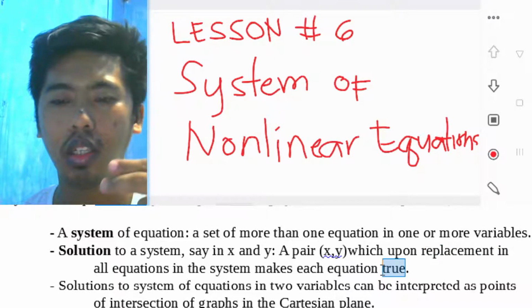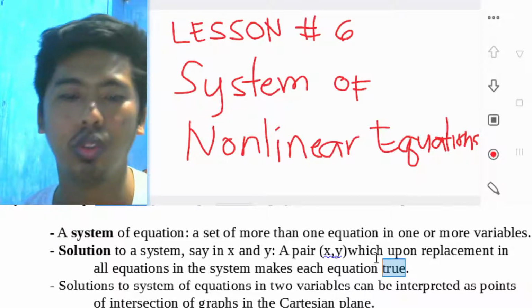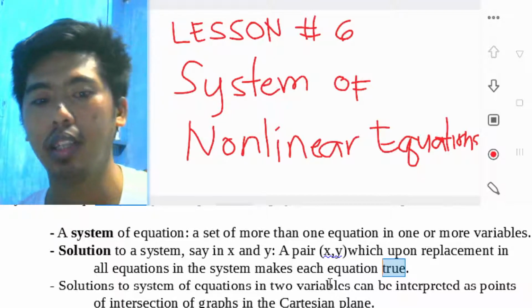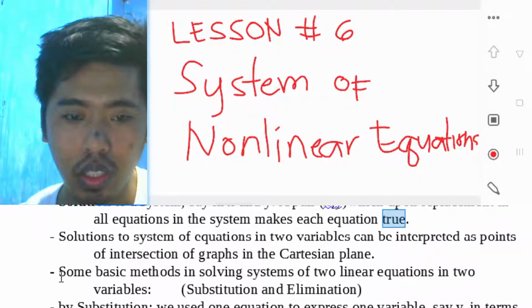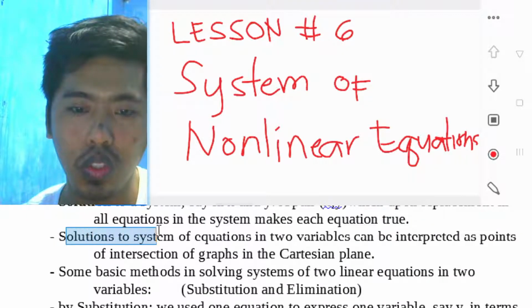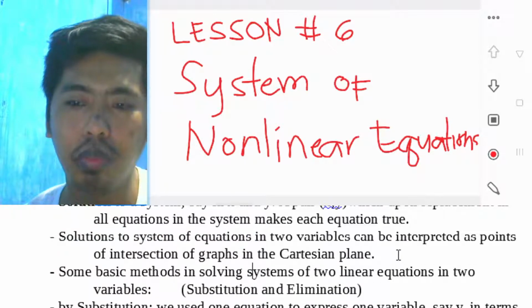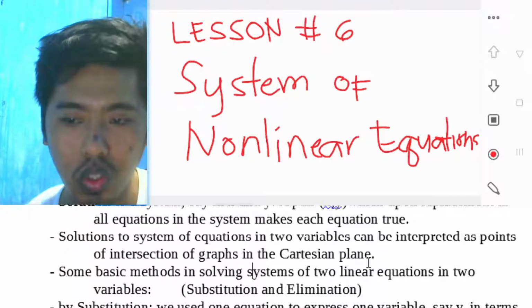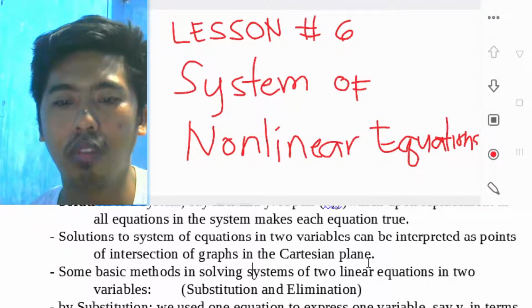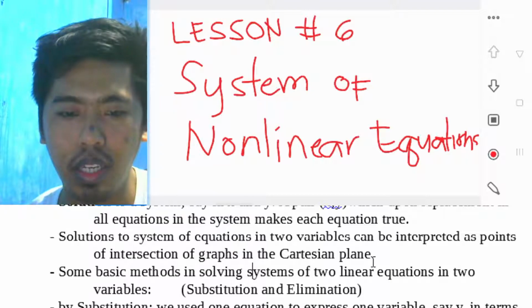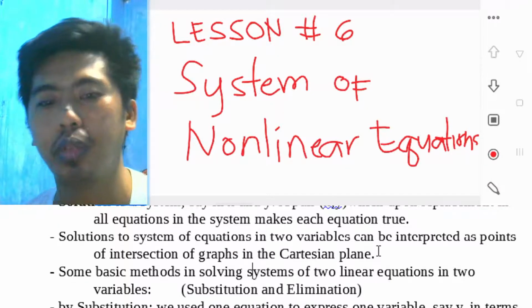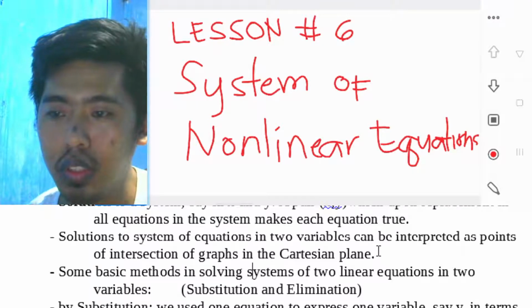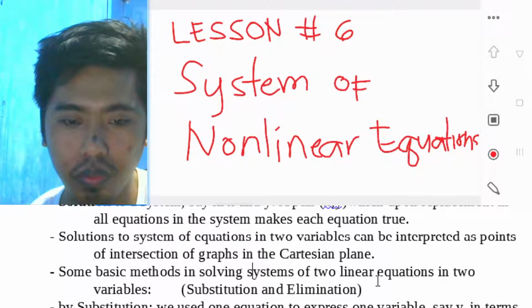So meaning dapat sakto, dapat tinuod. Okay? Or mo-suffice siya sa logic sa mga equation. Now next, the solutions to system of equations in two variables can be interpreted as points of intersection of graphs in Cartesian plane. Now we will know those things furthermore if we go on some example later.